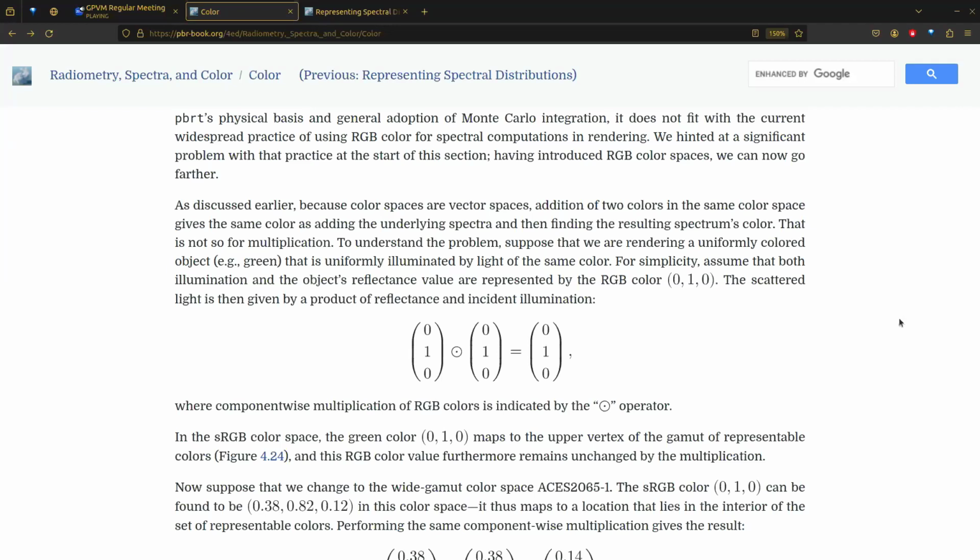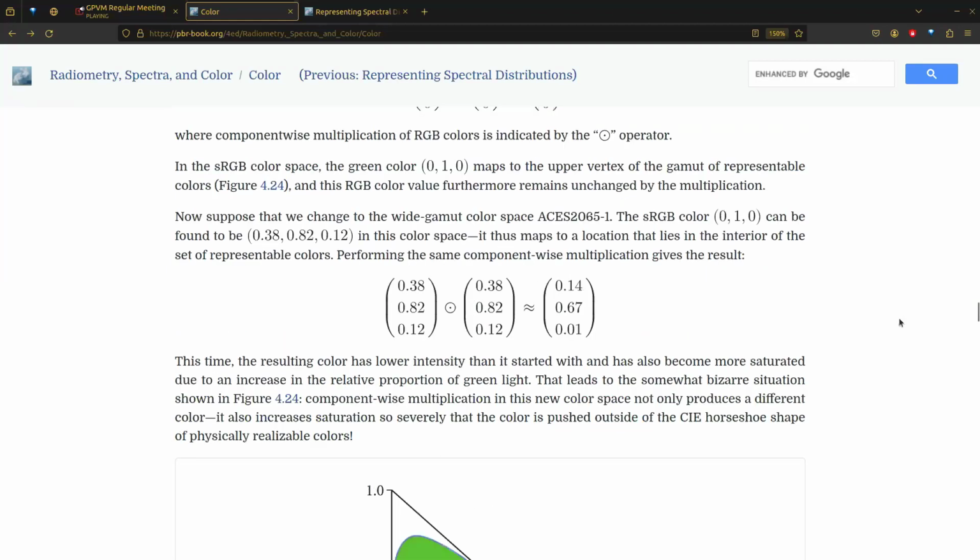For simplicity, assume that both illumination and the object reflectance are represented by an RGB color, (0, 1, 0). Scattered light is then given by a product of reflectance and the incident illumination, where the component-wise multiplication of RGB colors is indicated there. It's the Hadamard product, they call it.